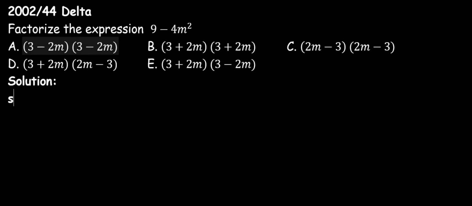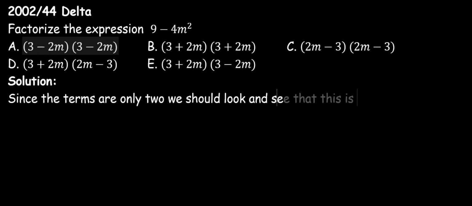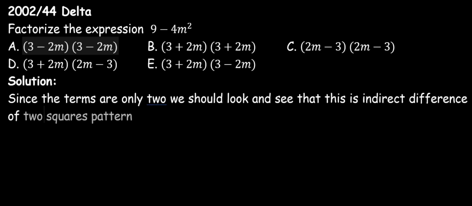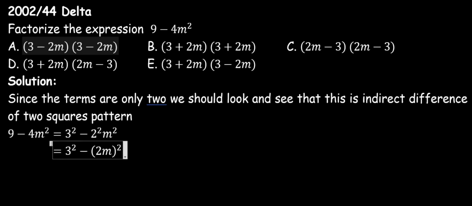Solution. Since the terms are 2, we should look and see that this is an indirect difference of two squares pattern. 9 minus 4m squared is the same as 3 squared minus 2 squared m squared, which is the same as 3 squared minus (2m) squared. Applying x squared minus y squared equals (x minus y) into another bracket (x plus y), here x is equal to 3 and y is equal to 2m.